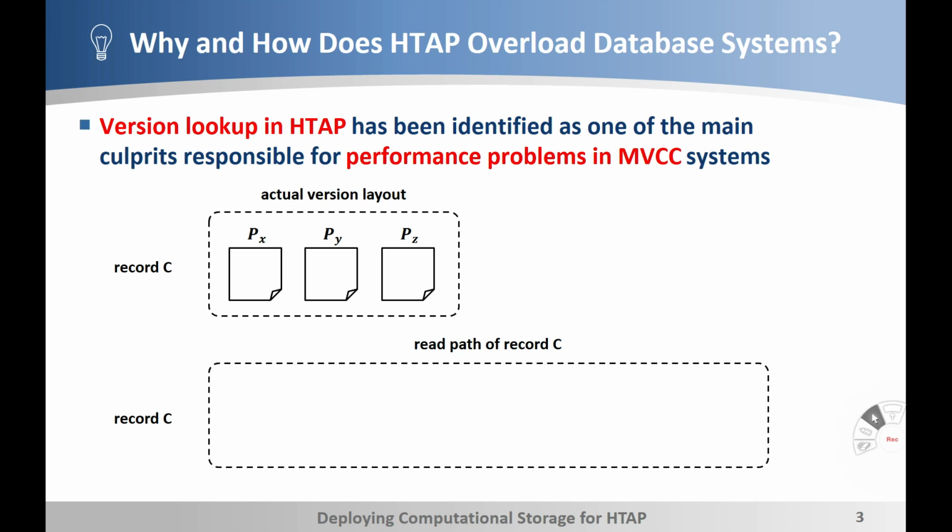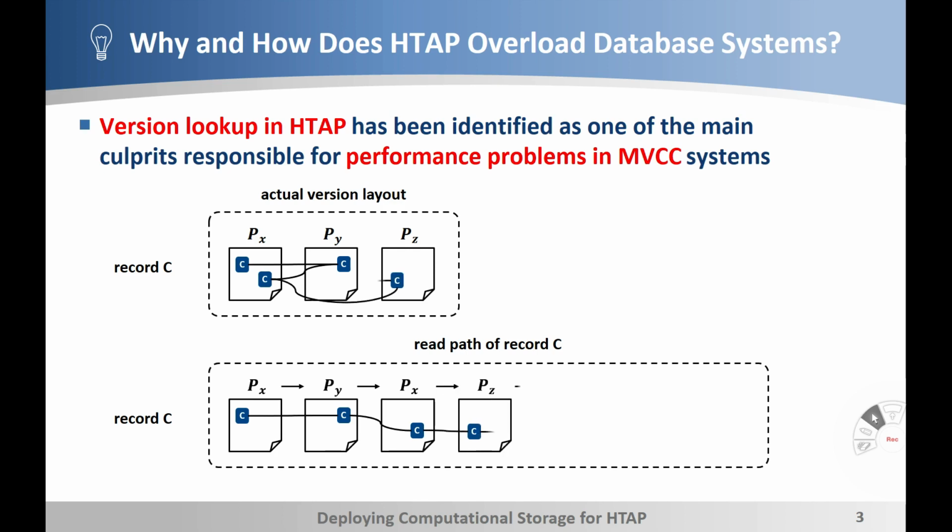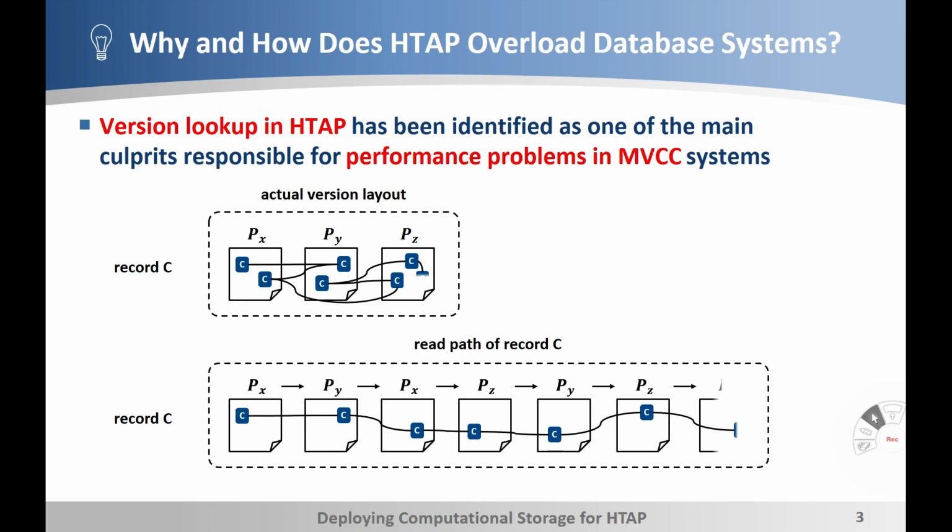For example, suppose that versions of record C piled up. Currently, its latest version is stored in PG, and then there comes the oldest transaction and finds its visible version.